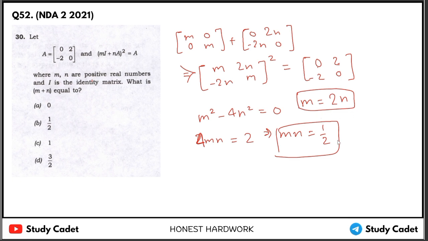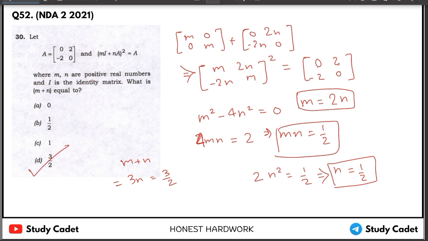So apply these two: 2n square equal to 1 by 2, so n will be equal to 1 by 2. And m plus n, m is 2n, so we need to find 3n, that is 3 by 2. D is the right answer.